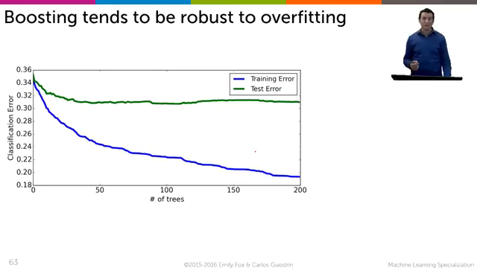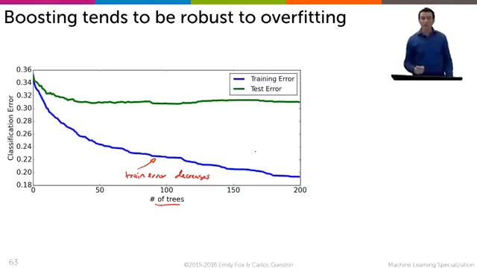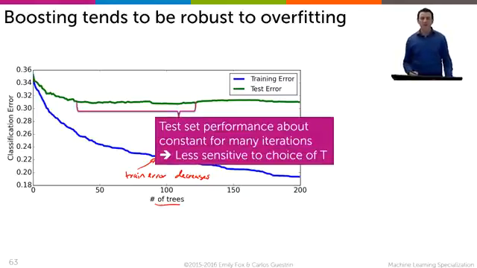Now, we said we're not observing overfitting yet, so let's run boosted stumps for more iterations and see what happens. On the x-axis is adding more and more decision stumps, more trees, but just level 1 trees, and see what happens to the classification error. We see here that the training error keeps decreasing, just like we expected by the theorem, but the test error has stabilized.